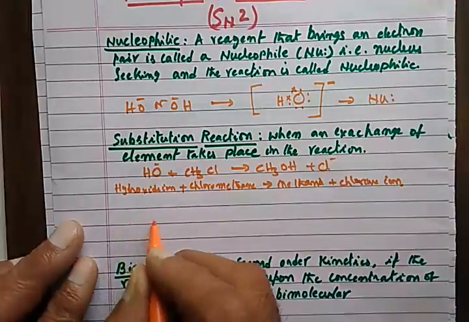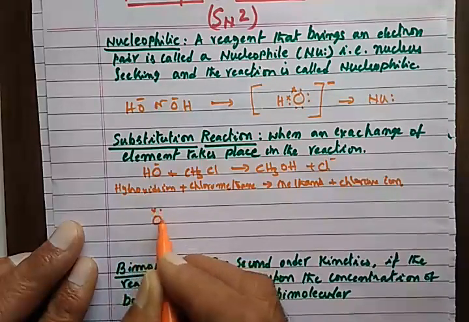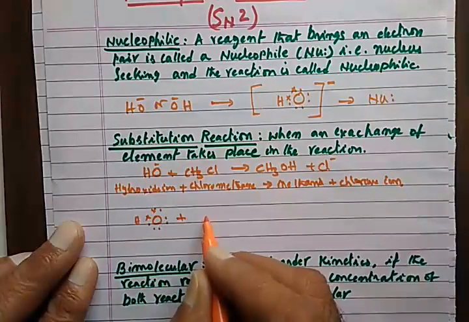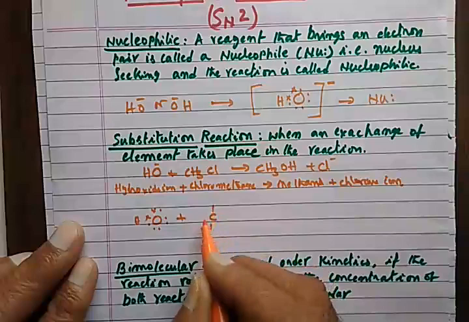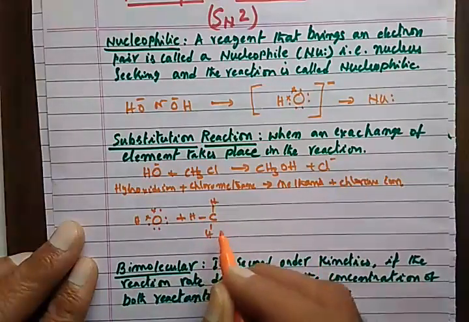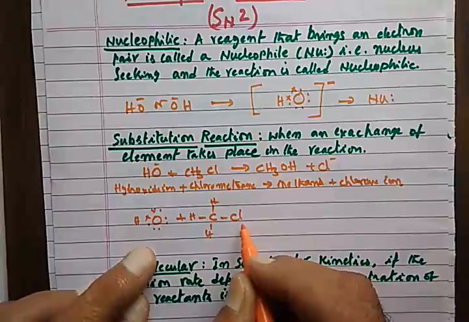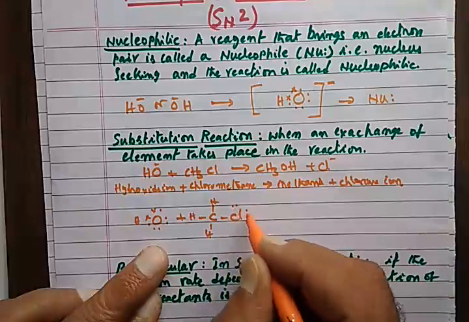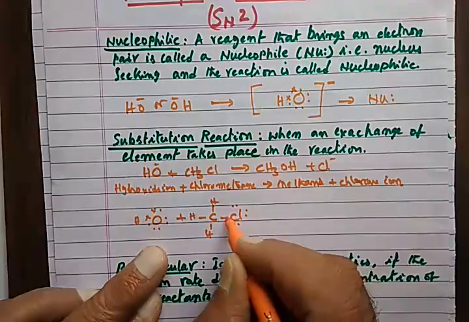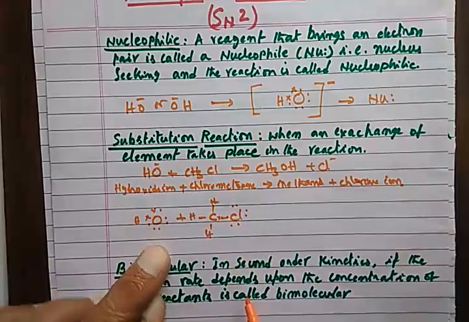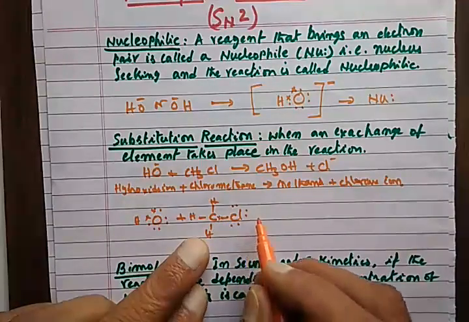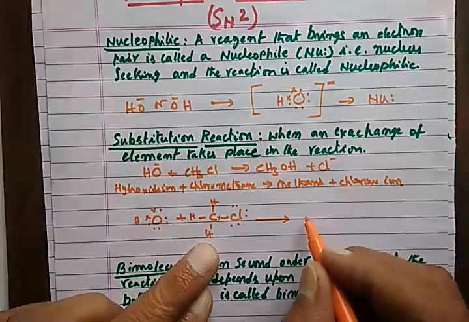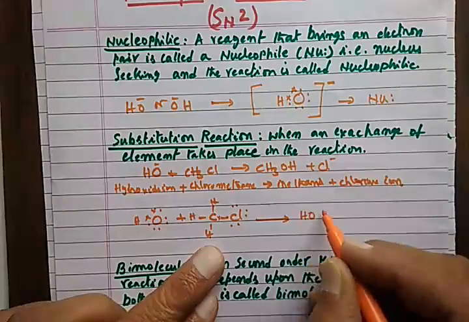To understand the reaction clearly, let us write the dot structure for a few compounds. So oxygen I will write again here, already I explained. H, this I will write this way. Chlorine has 1 2 3 4 5 6 7 electrons, and this is the carbon electron. Then this will give you CH3OH, so OH I will write this side.